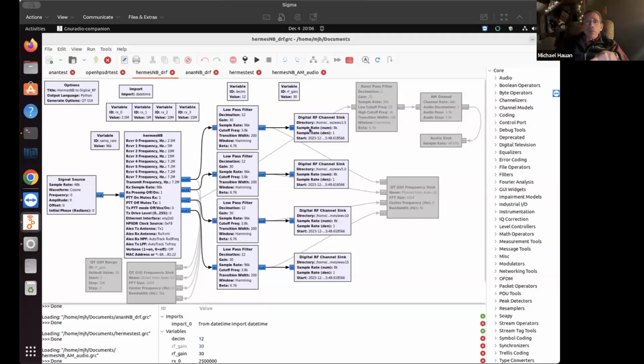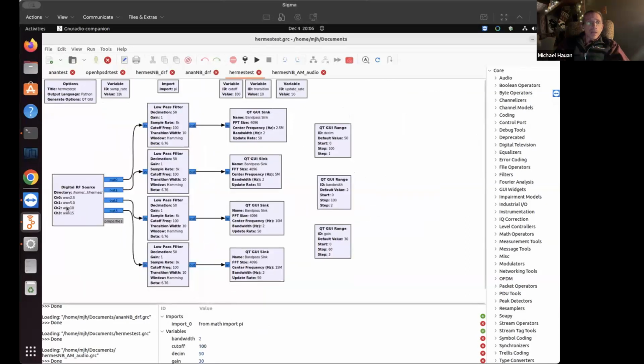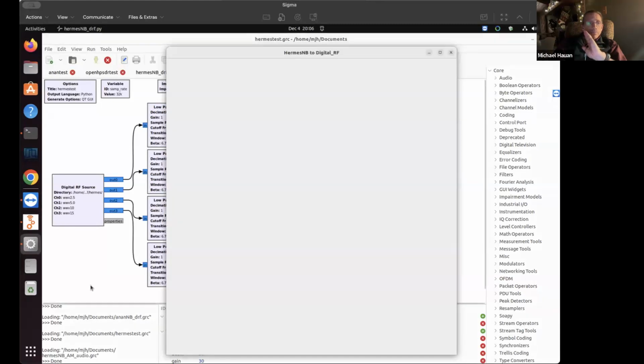And then simply dumps the IQ that's coming out straight into digital RF. And then what I do is read it out of the same source, the directory where it's stored, for all 4 of those frequencies, put it in a low pass filter and dump it to a QT GUI sink, which produces the thing we were looking at before.